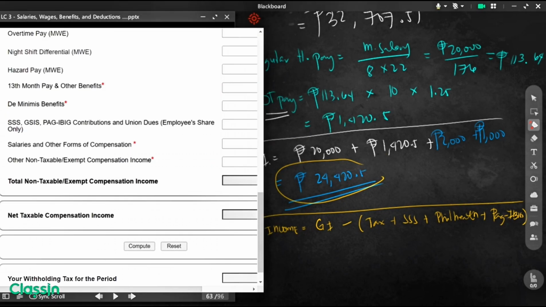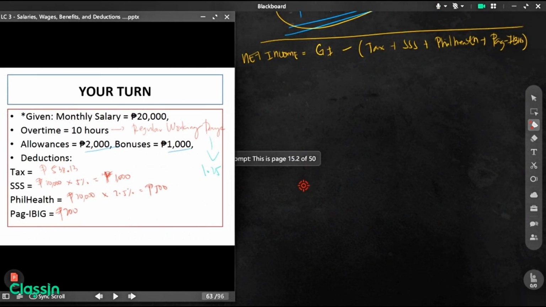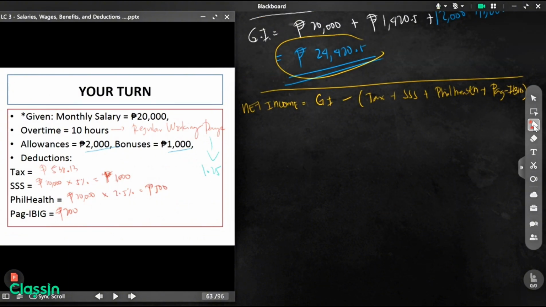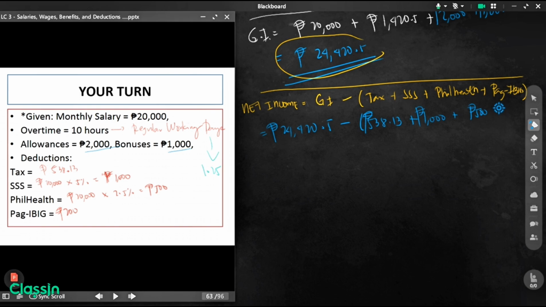Now let's proceed with the net income. So our gross income is 24,420.5 minus the tax, which is 538.13 plus the SSS, which is 1,000 pesos plus the 500 for PhilHealth, and the Pag-IBIG is 200 pesos.